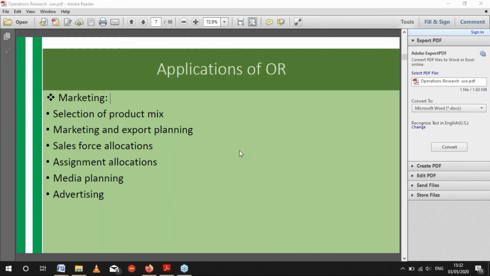For example, the declaration of a bonus in a company is a policy matter, which is to be decided by top management, while calculation and distribution of bonuses is an operating decision which is taken at the lower level. So policy decisions are taken by top management.